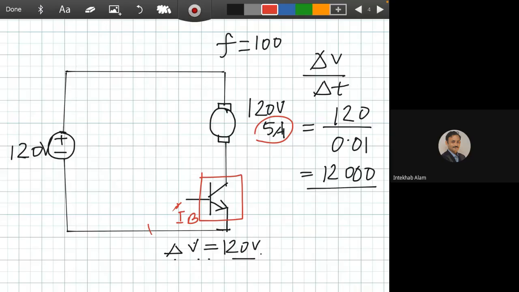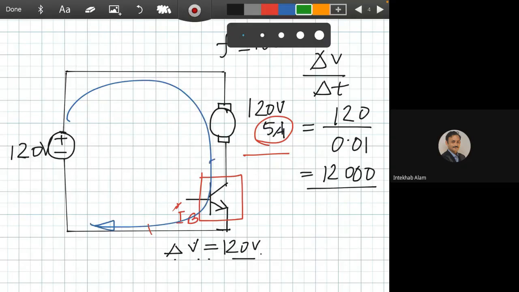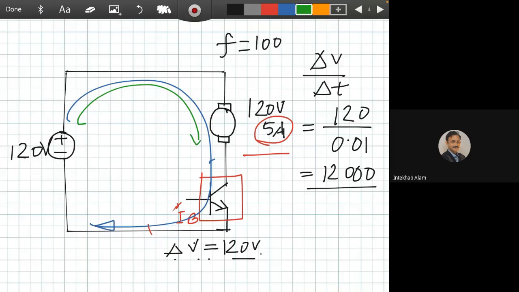So if you want to make it, we switch on this motor and then switch off here, and switch off up to here. What will happen? Whenever the current is rising, there is a plus and a minus here.